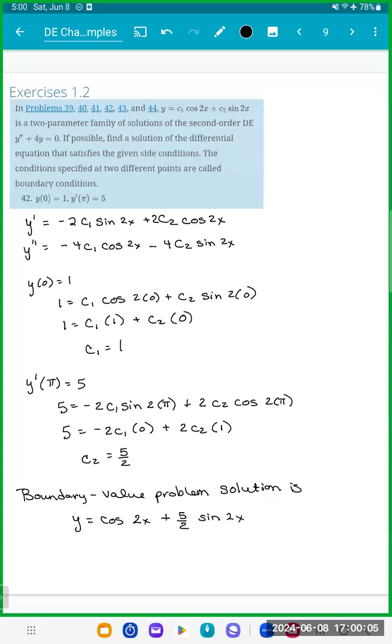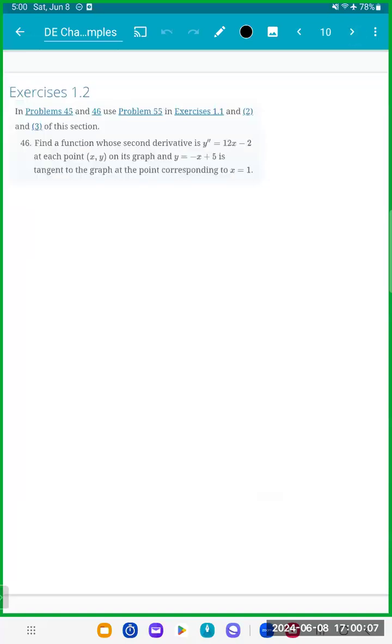All right, now let's look at another problem in section 2. This time, this problem is similar to 45 and 46, and it asks us to use part of exercise 1.1. So I'll just give you that information, and then also equations 2 and 3 in the textbook.